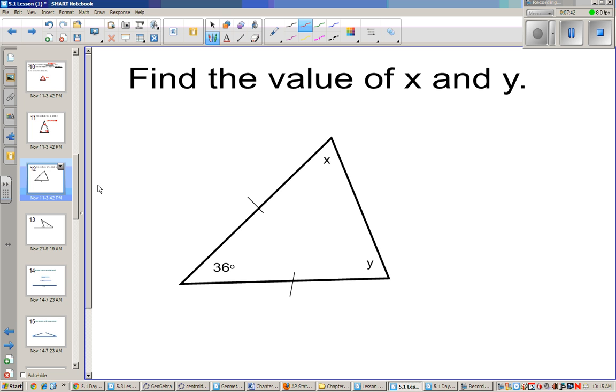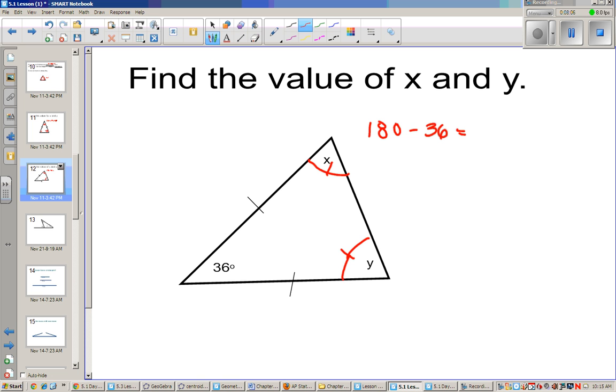So here's a second example. I want you to pause the video and see if you can figure out what x and y are. All right, hope you got an answer. We know, since it's isosceles, that this angle is congruent to, excuse my writing, this angle. So one of the angles is 36. So let's subtract that from our 180 degrees right away.